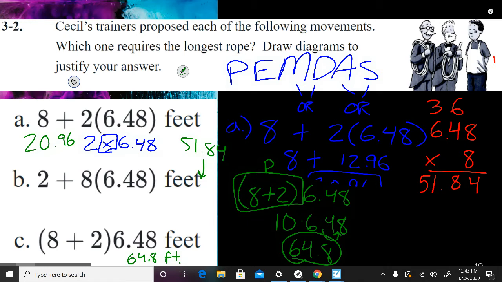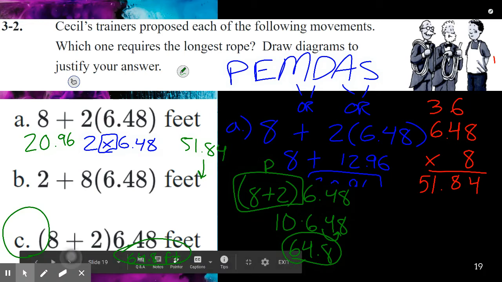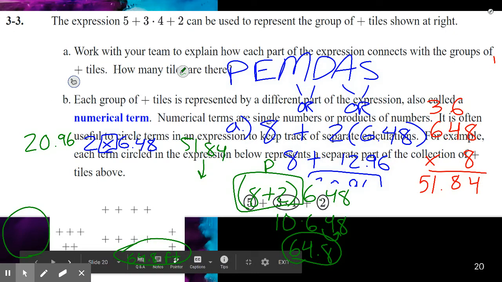So here, which one's the biggest number out of 20, 51, and 64? It's going to be that 64.8. So the expression in part C is going to get us to go the longest distance. Now notice we're using the same numbers. It's just a matter of how we're writing our expression and using parentheses and multiplication.